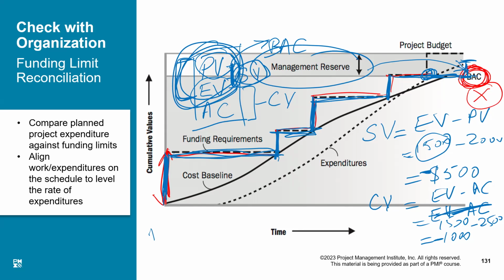So let me calculate it for the next month. The next month figure is, maybe the planned value was supposed to be 4,500 and I achieved 4,500. That means my answer will be 0. What does that mean? In the previous month, I actually earned 1,500 and now I have earned 4,500. How much more work have I done during this one period, one month?